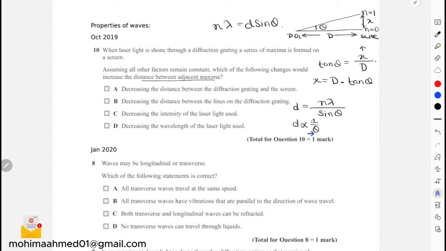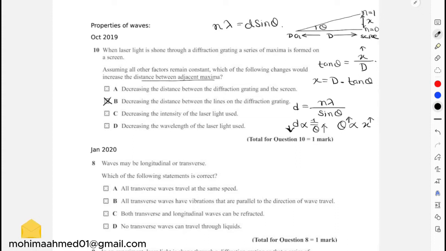If d decreases, theta increases, because they are inversely proportional, and then again theta is directly proportional to x. If theta increases, the value for your distance between the adjacent maxima will also increase. And depending on that, option B is your correct answer over here, right? Other than that, intensity and decreasing wavelength do not have anything related to this concept over here.